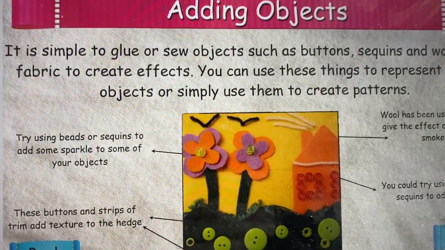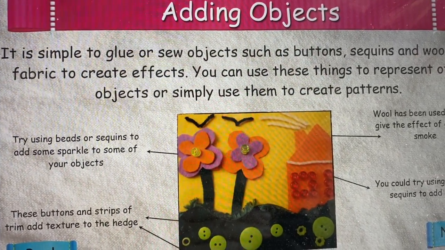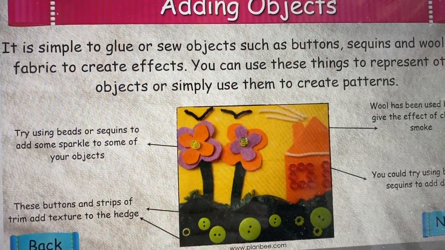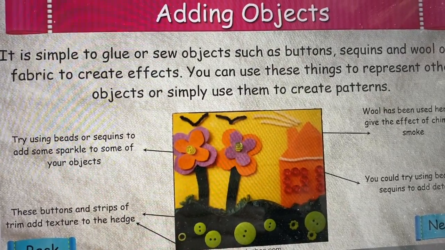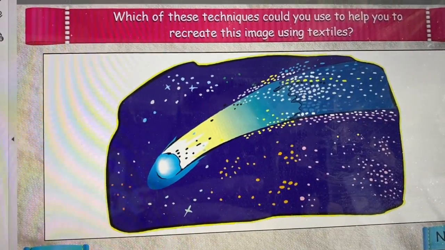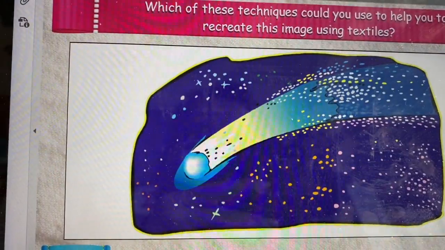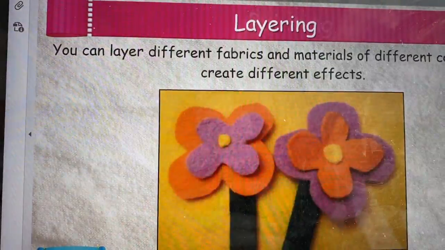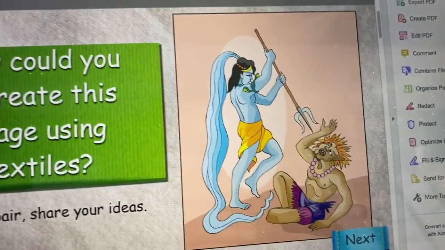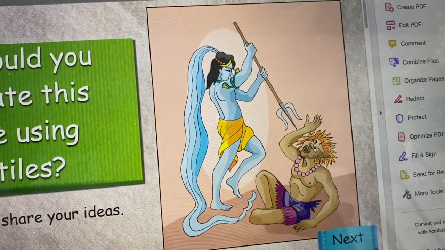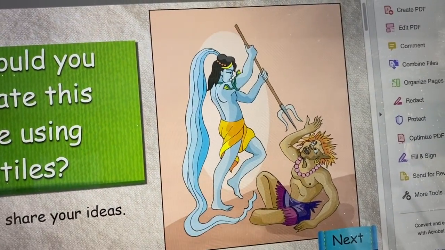And we talked about adding lots of different objects into your techniques. Right, so have a little think of how you could best recreate this image using some of the techniques that you've just learned.